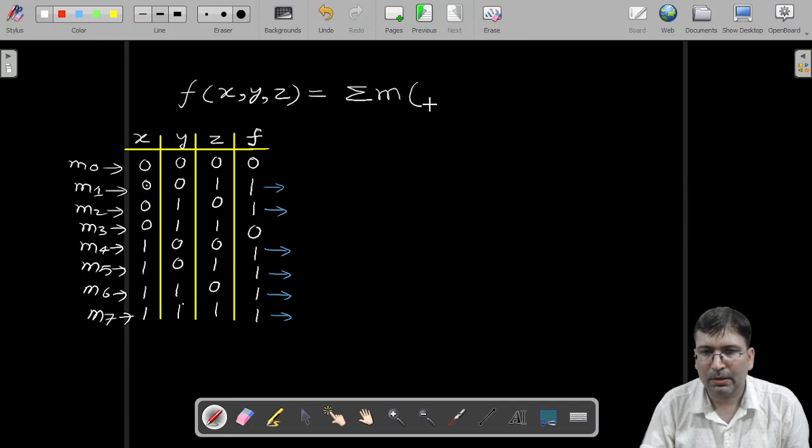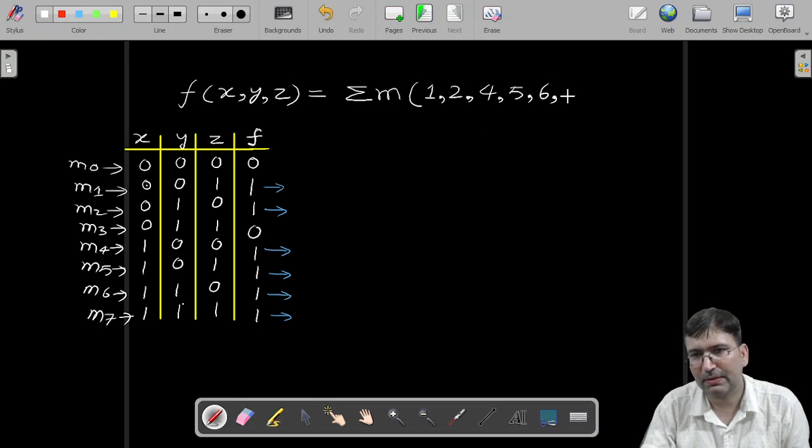Okay, so that means min term 1 is high, 2 is high, 3 is low, so 4, 5, 6, and so this is the function.